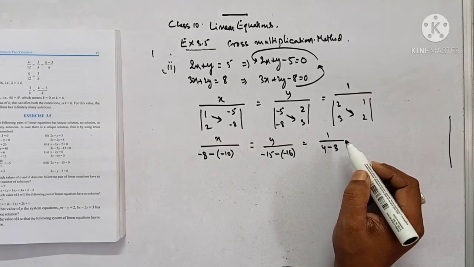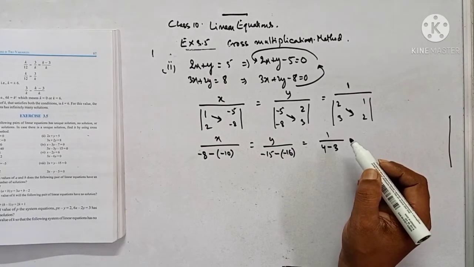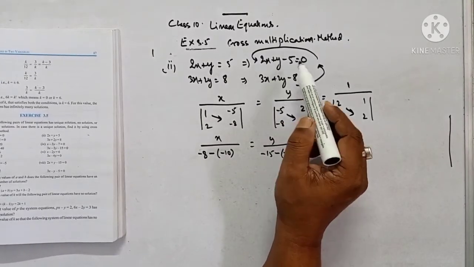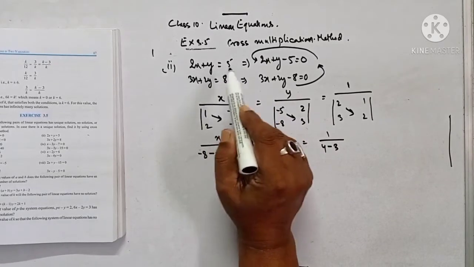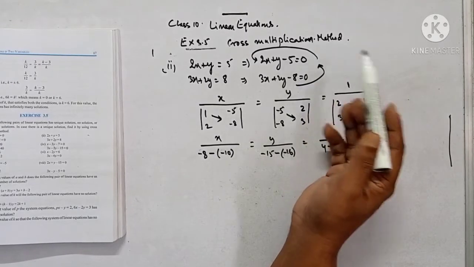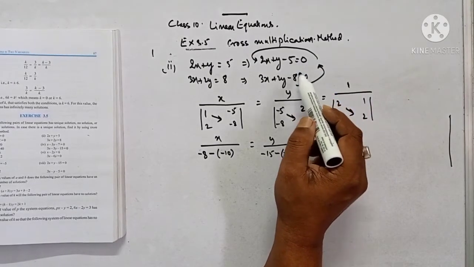That means the cross multiplication method, here in cross multiplication method, the first step is that you shift all these terms to one side, and your right side will be 0, equal to 0.